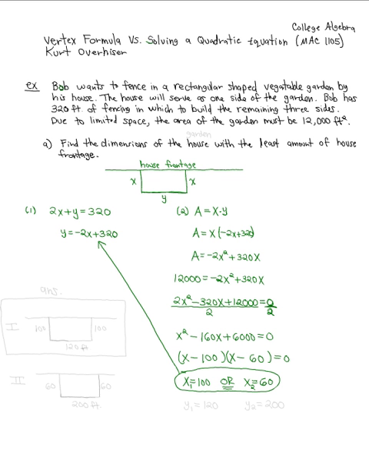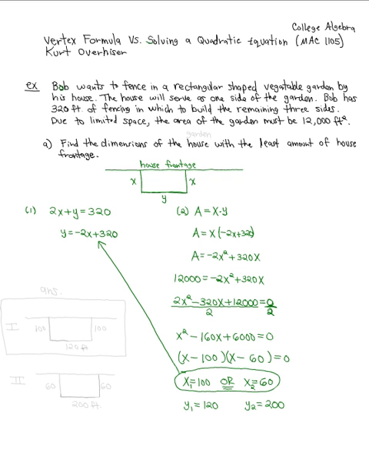If I plug x1 equal to 100 into that equation, I get a corresponding y1, which equals 120. And for y2, when I plug 60 in for x into the equation that I have the arrow pointing to, I get 200.